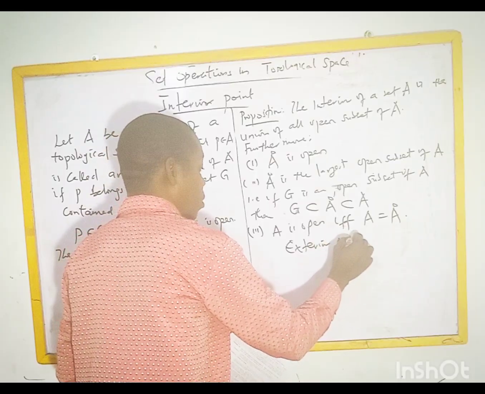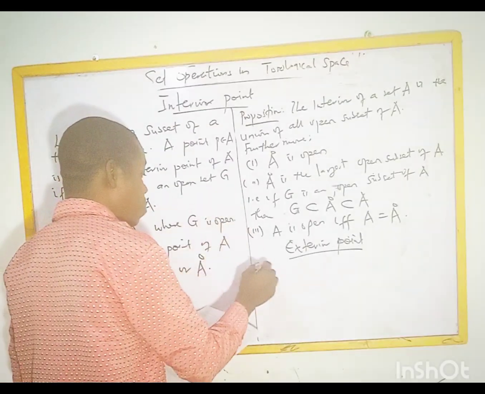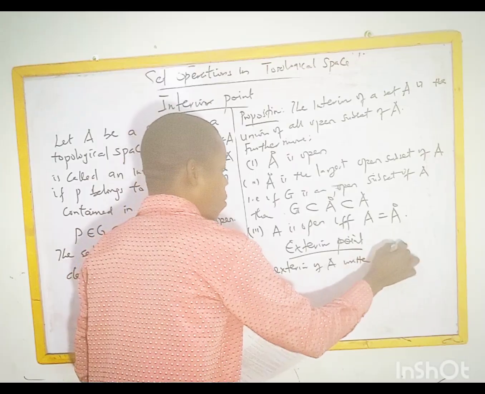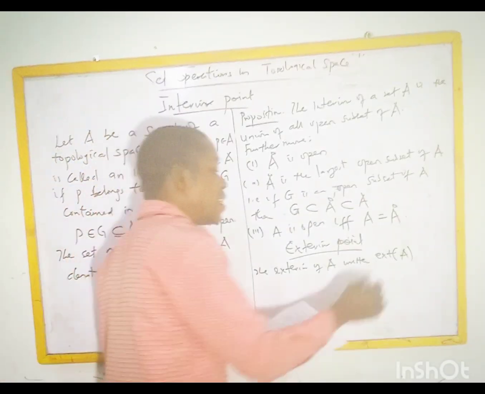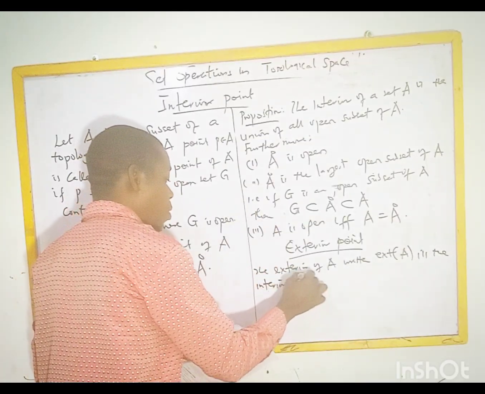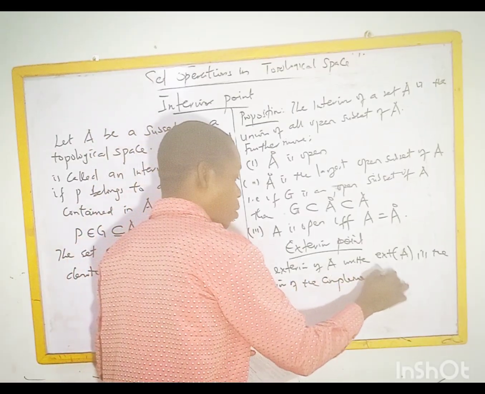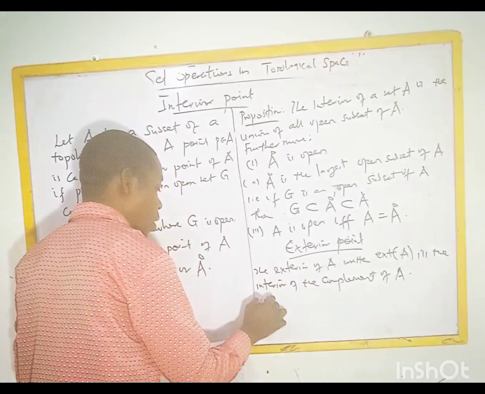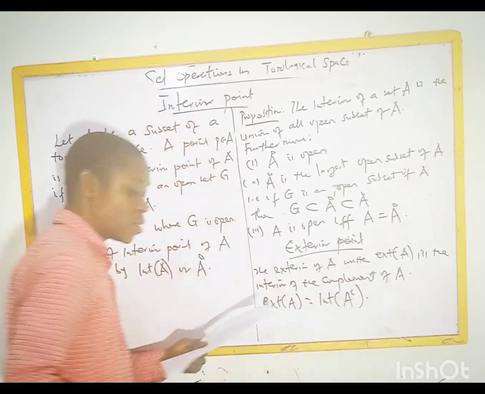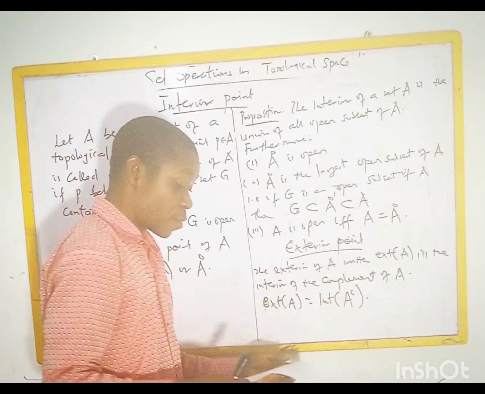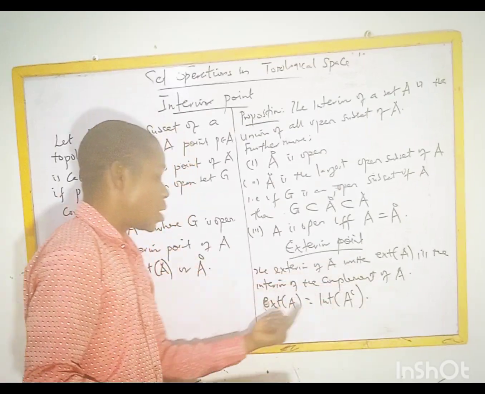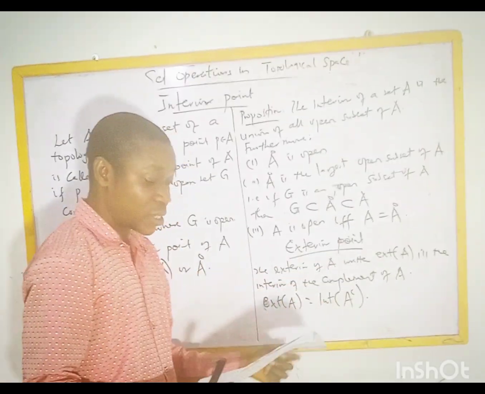The exterior of A, which you can write as Ext A, is the interior of the complement of A. Like what we have with the closed set and the open set, the exterior of A is equal to the interior of the complement of the set A.